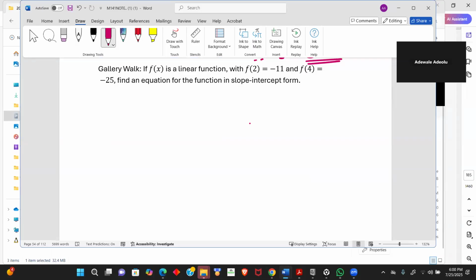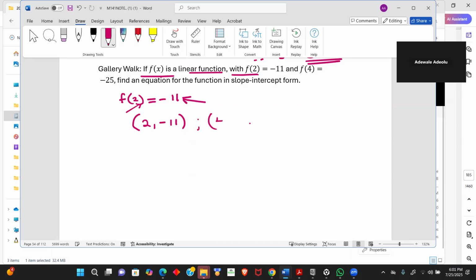This should be an exercise, but let me quickly show you something. I will just start it and leave it for you to complete. If f of x is a linear function with f of 2 equals negative 11, what does that mean? Do you agree that I can write it as 2 comma negative 11? This is the input, x, and this is the output, y. And the other one, f of 4 is negative 25.